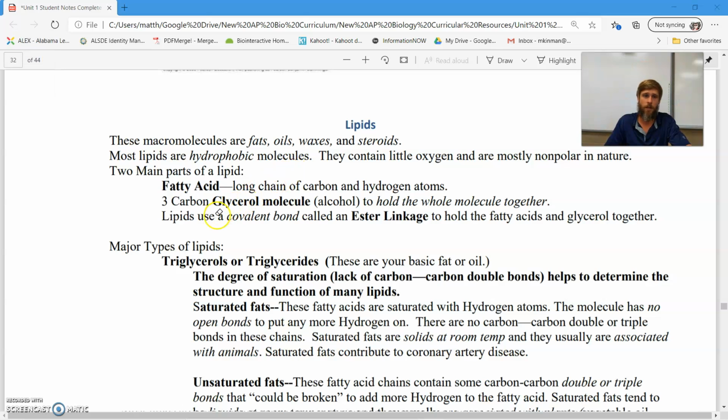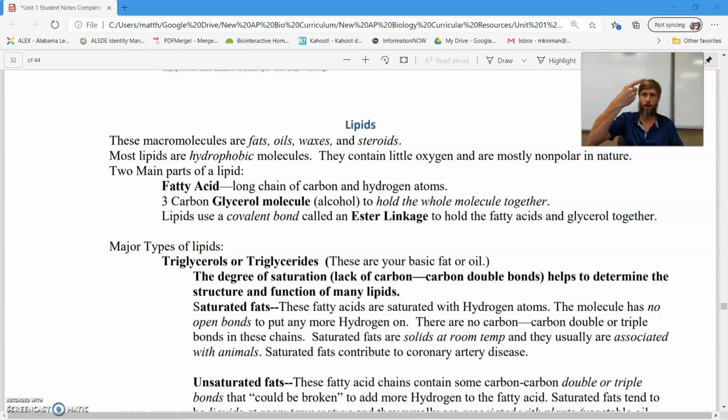All right, so then you have the 3-carbon glycerol molecule, which is actually an alcohol, to hold the whole molecule together. Lipids use a covalent bond called an ester linkage to hold the fatty acids and glycerol together. So what I think is a good illustration of a lipid is your hand and your finger.